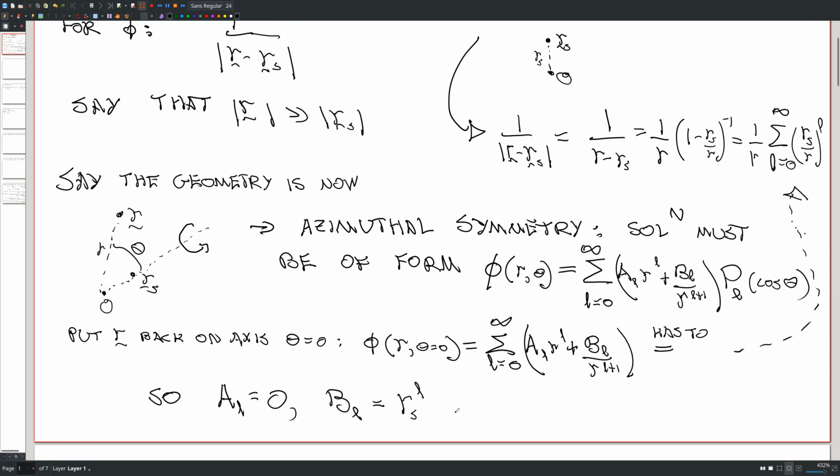The general solution is simply that phi of R and theta, now for any theta, is just the summation over L from 0 to infinity of Rs to the power L, which is my BL, divided by R to the L plus 1, times PL of cos theta. And that's it, I'm done.